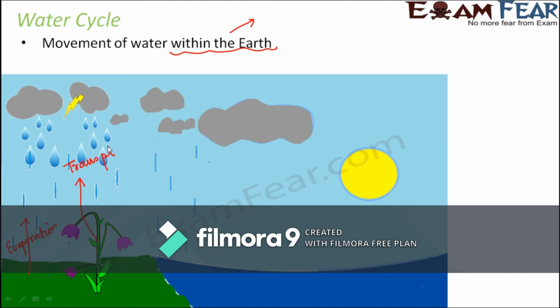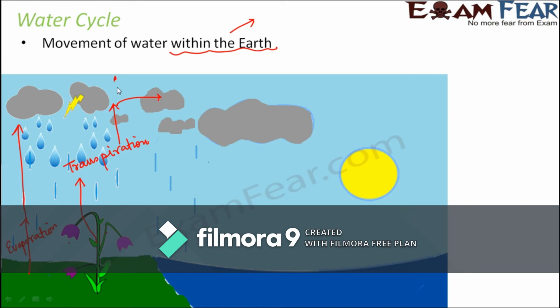As a result of these processes, water vapor gets collected in the atmosphere. Now what happens to this water vapor? All this water vapor condenses to form clouds.